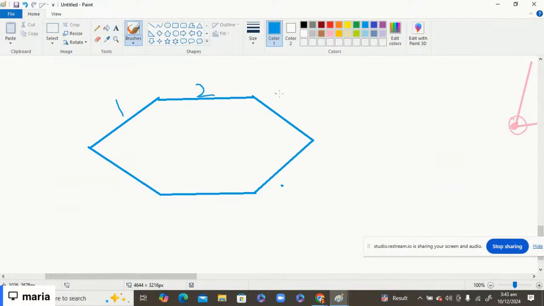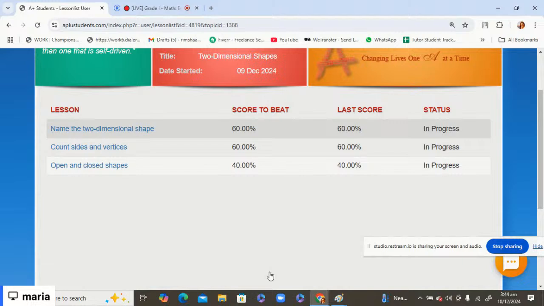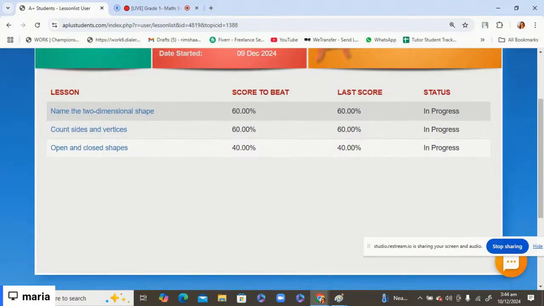It's one, two, three, four, five, and six. Six sides are there. Okay. And then in the last lesson, we discussed what is the meaning of open and closed shape.